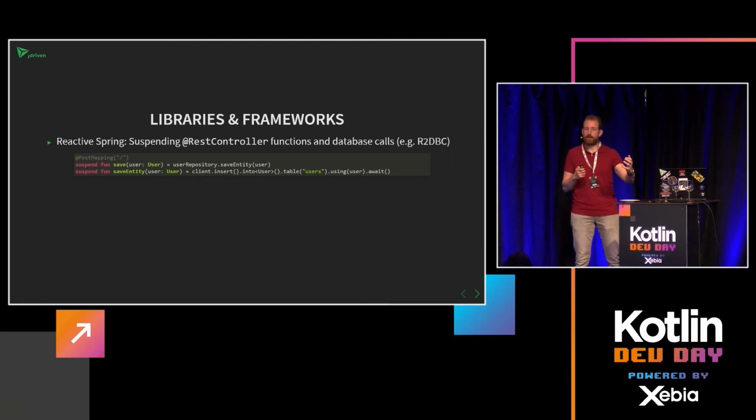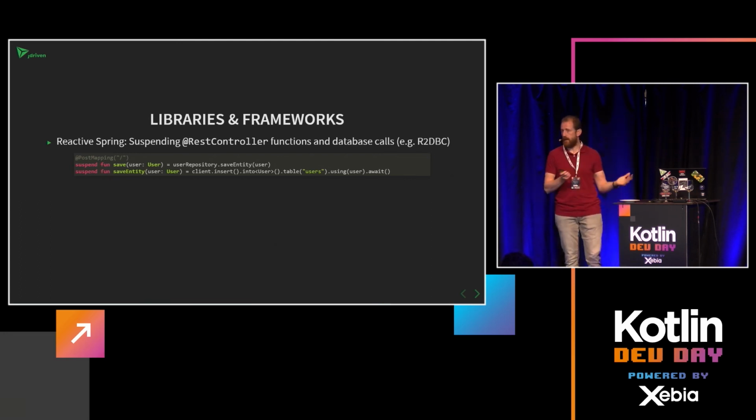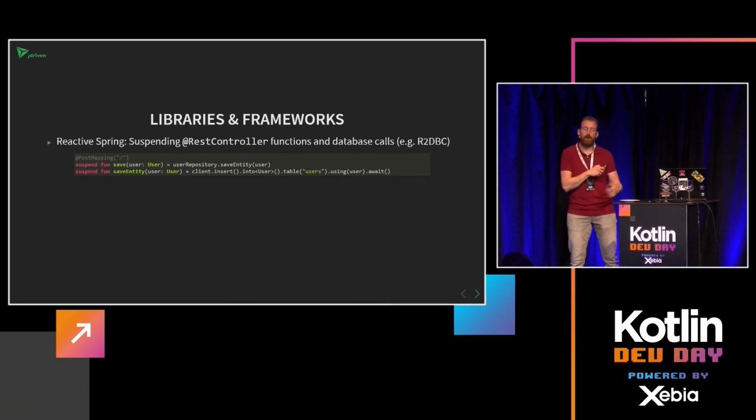Instead of being a function that returns a mono or a flux, you can just make your function suspending. And the same when you save an entity to the database or when you retrieve an entity from the database. Instead of retrieving a mono, you can just create a suspending function which returns the actual object, but because it's a suspending function, it only returns the object when the data is available, and all that in a non-blocking way. So you don't need any global scope or run blocking. It's all coroutine scope front to back.